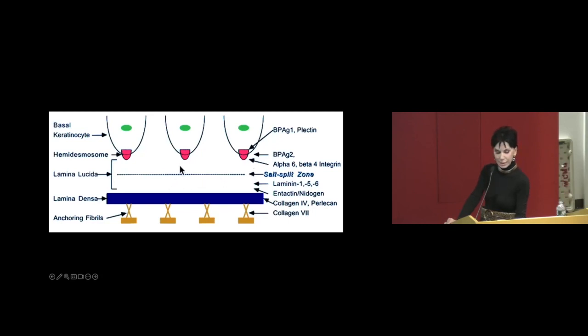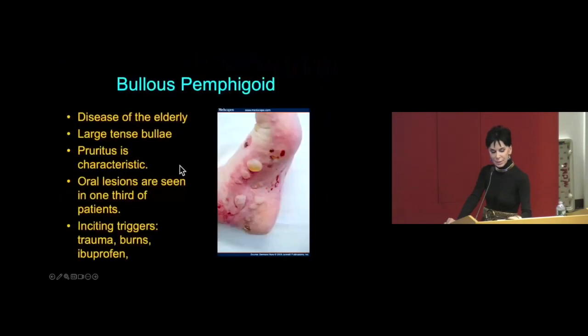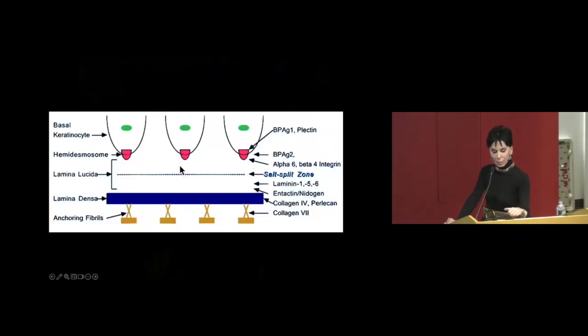And why that is important, what we can do when we have these immunofluorescent samples, I can instruct the technician to take that fresh sample, incubate it in saline, and repeat the assay. And that saline incubation will separate the epidermis from the dermis in vitro. And when you redo the IgG, that IgG linear pattern will be in the roof of that saline-induced split, which corresponds with the fact that the antigenic epitopes in BP lie above the salt split skin zone.